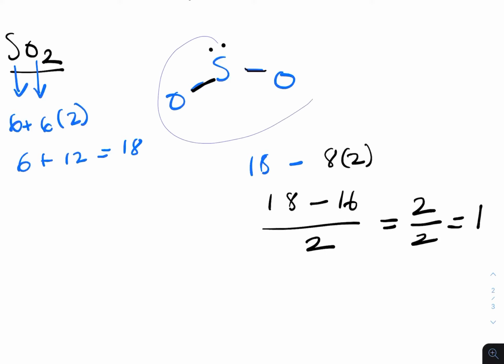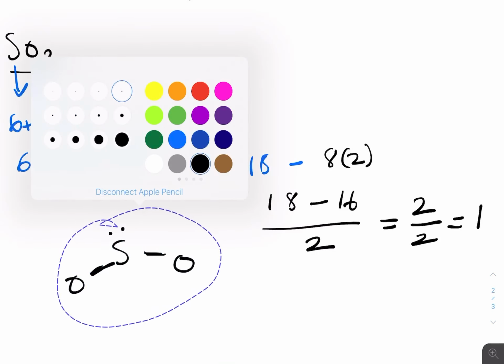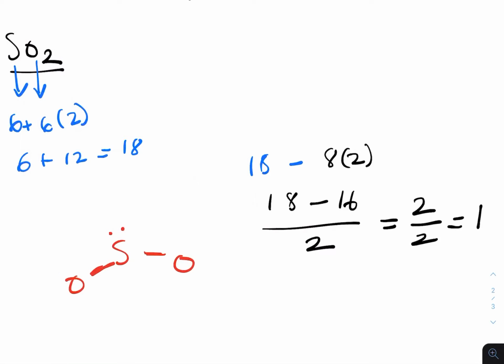Let's move this down so we can get a better look at it. Let's redraw it, make it look better. But let's give everything its octet before we move on. We want to give sulfur a full octet of 8. Right now it has 2, 4, 6. So we can make a double bond here.